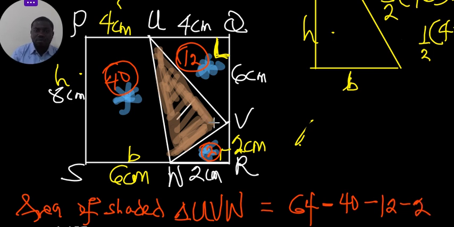So we take the total area of the entire shape minus the area of this trapezium, minus the area of this triangle, minus the area of this other triangle to give us the area of the shaded triangle required.